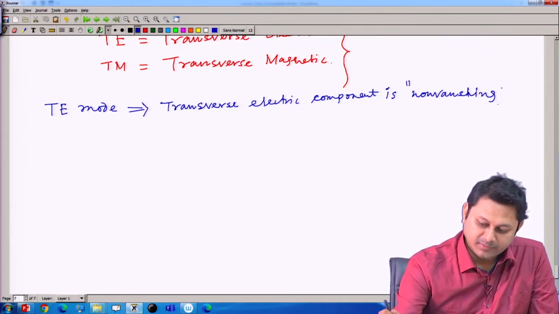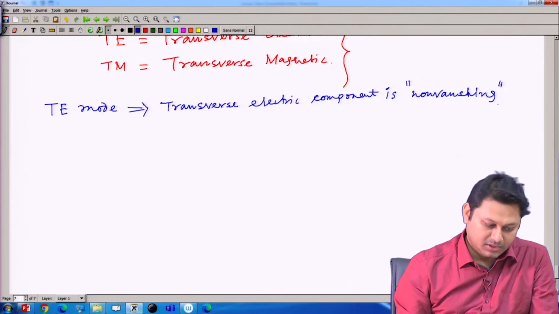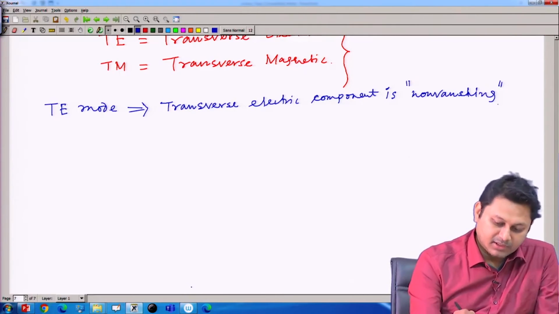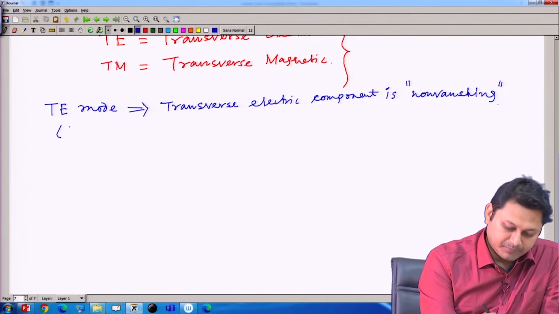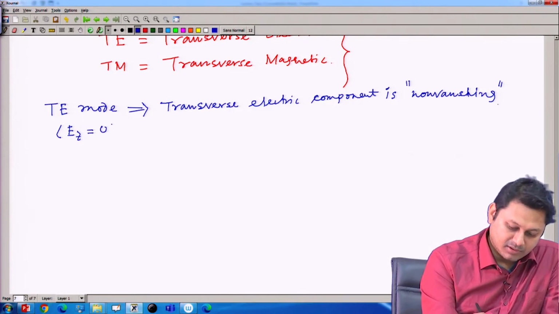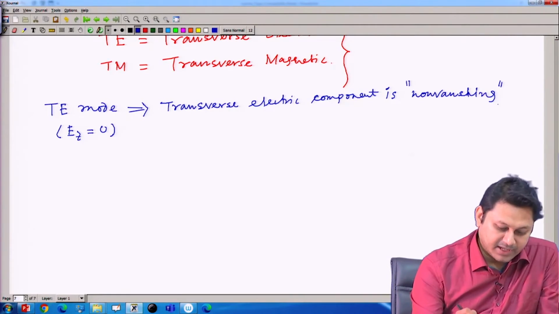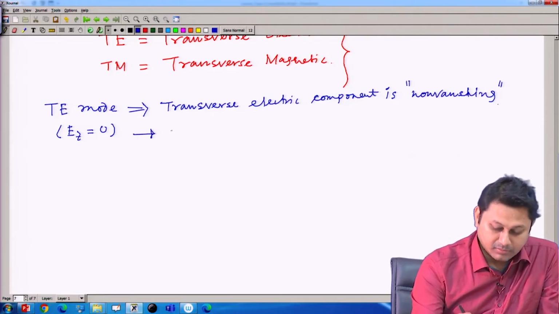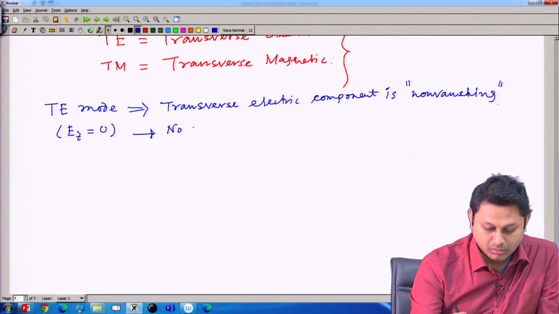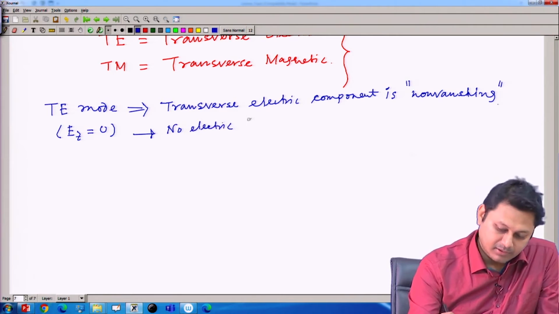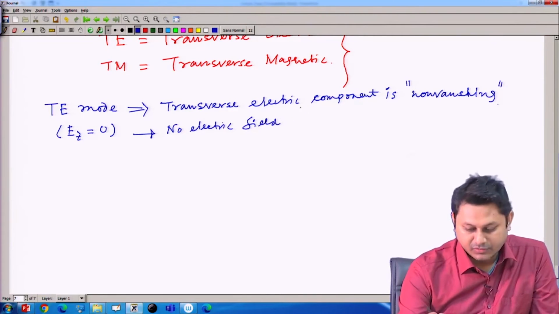is non-vanishing. That means, if the transverse component is non-vanishing and at the same point, if z is the propagation distance, the propagation direction, then this will be 0. So, no electric field in the direction of propagation.